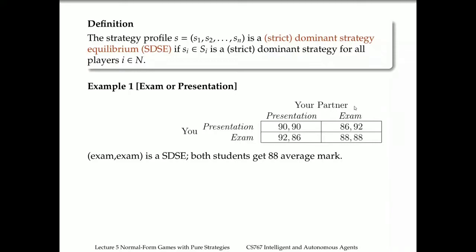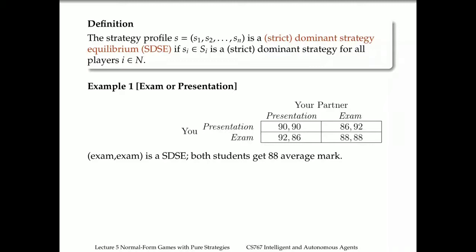On the other hand, if your partner chooses to play exam, again, 88 is bigger than 86, so you will also choose to prepare for the exam. If you think about the real life situation, you prepare for the exam in the fear of being taken advantage of by your partner.